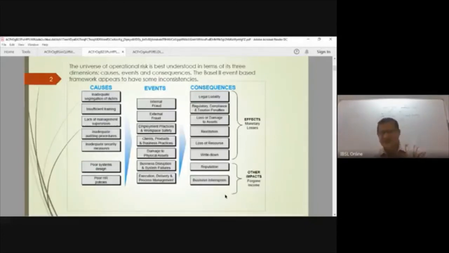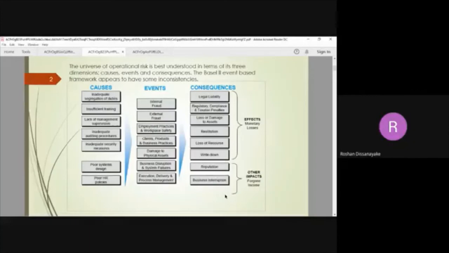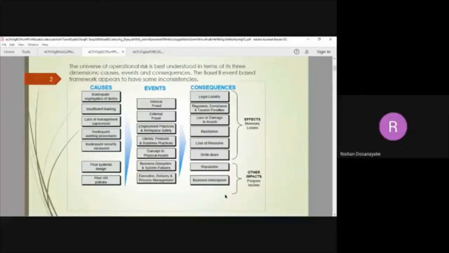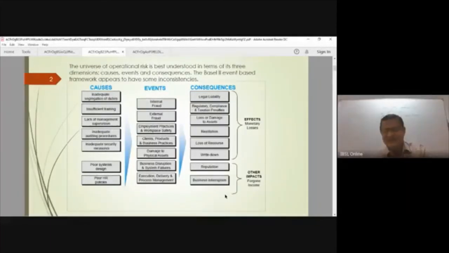When these causes combine together, they lead to legal liability; we call these consequences. Regulatory compliances, because losses won't just occur, they will lead to certain consequences: regulatory compliances, loss of damage, restitution, loss of recourse, write-downs, reputation, business interruptions are the consequences of this.